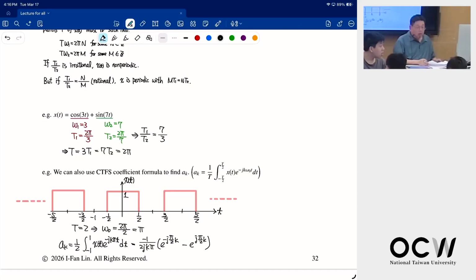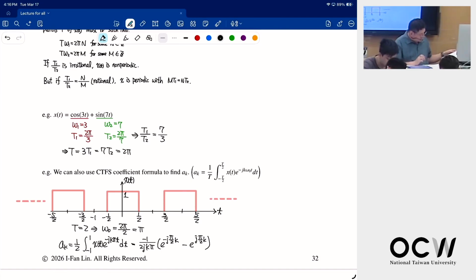But normally we won't use the formulas. We use drawing. So in the rest of this semester, you will draw a lot. You will plot the figure, because when you plot the figure, that's easier to figure out your coefficients.